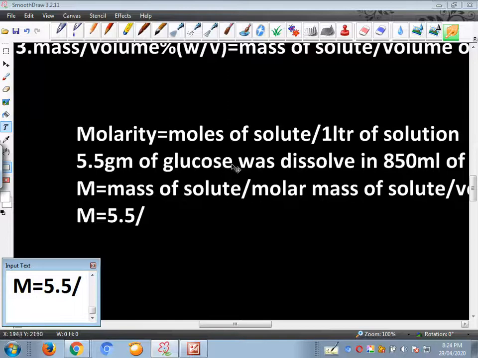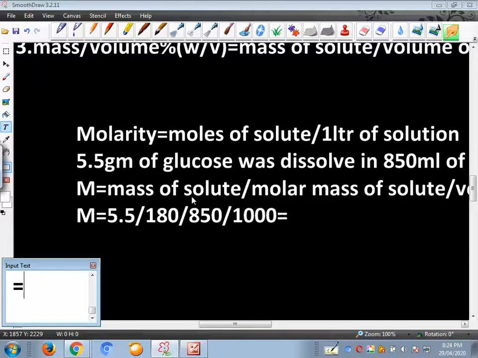So I think you can calculate the molecular mass of glucose. Molecular mass of glucose is nearly equal to 180, right? This is whole divided by the volume of solution in ml, that is 850 ml of solution, divided by 1000.